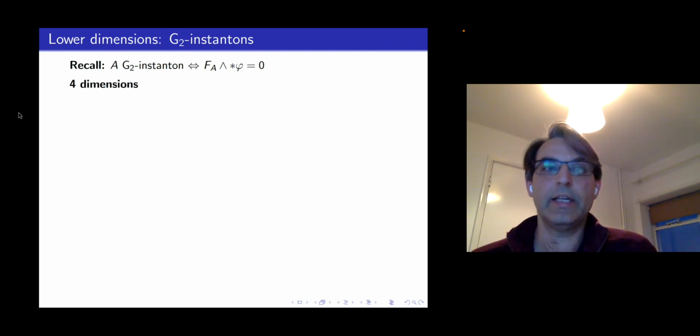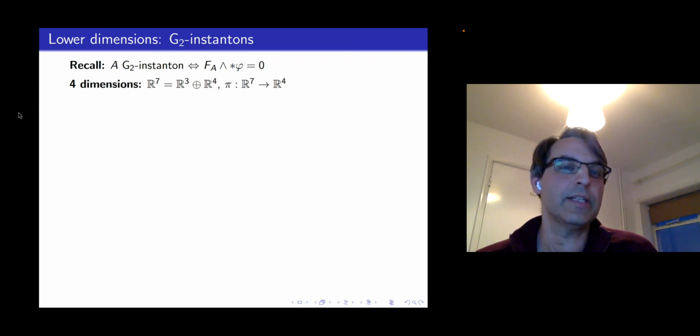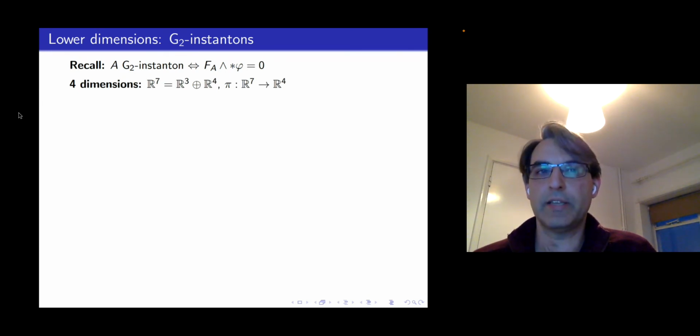Now, let us see how we can relate this to some well-known geometry in 4 dimensions. So let's always just take the flat model for simplicity. So we'll split up R7 into R3 plus R4 and take the natural projection map from R7 to R4.